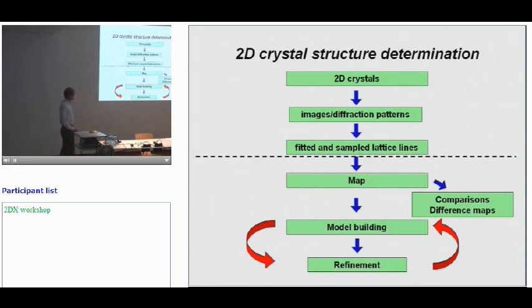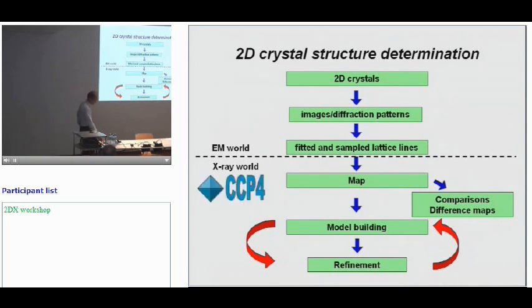So there is a borderline here, which takes us from the very specialized EM world into the X-ray world. And as Richard Haidt mentioned yesterday, this brings us into a world where we have a lot of programs already developed, and there is a lot of information available on mail service, for instance.